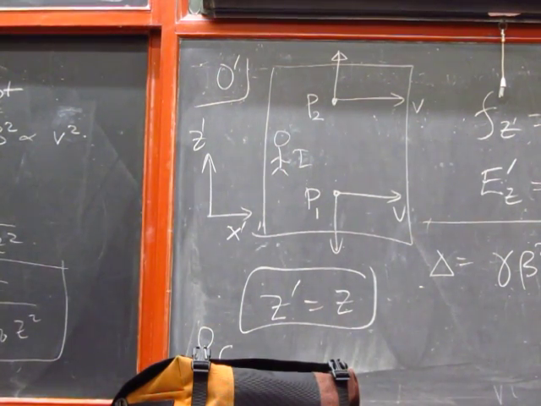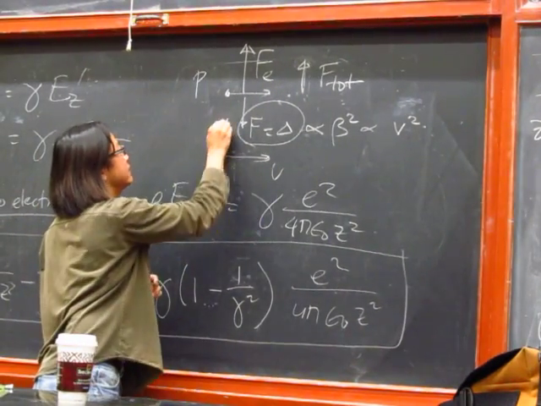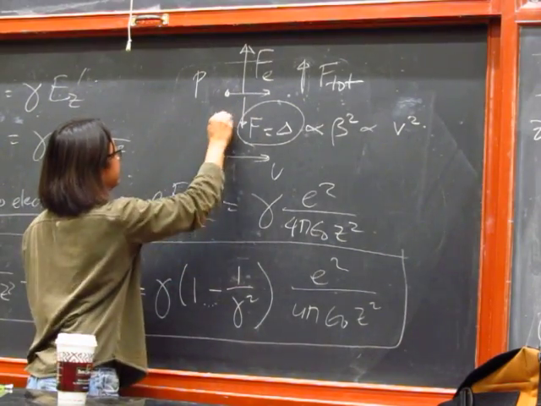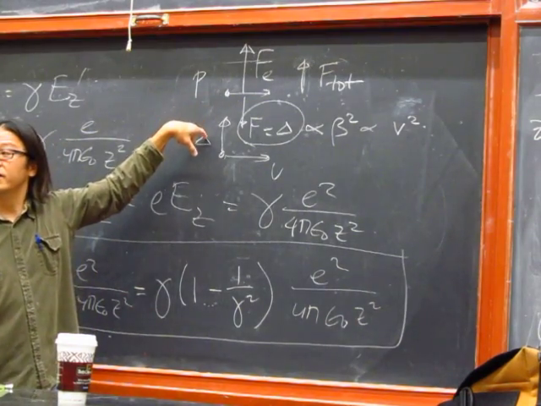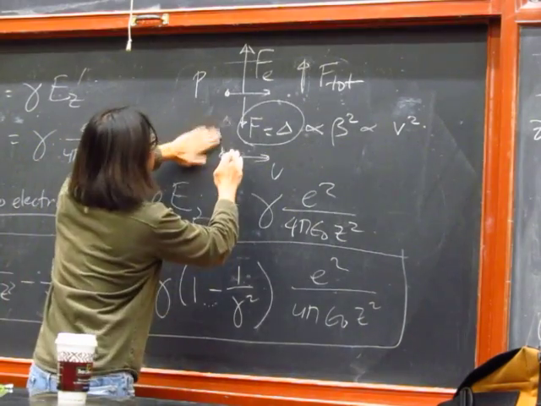Notice that this extra force is perpendicular to the velocity. I guess it's by symmetry, but it's also delta going in that direction on the other particle. I don't want to confuse you.